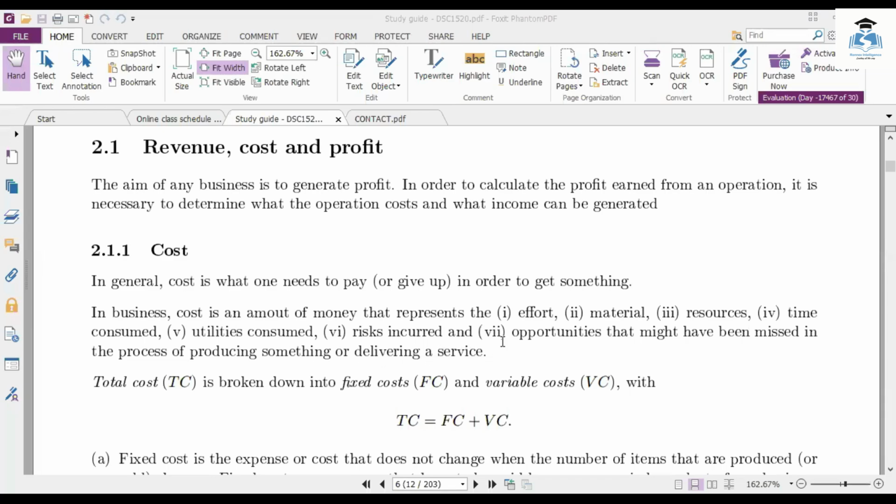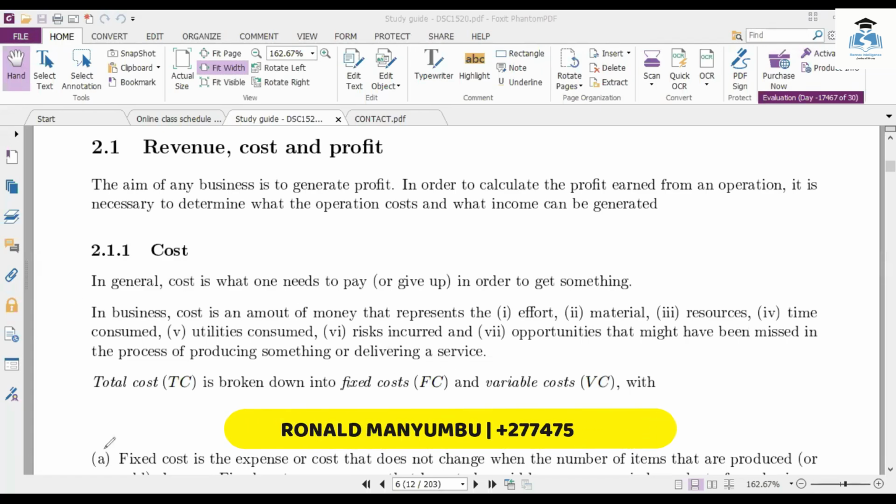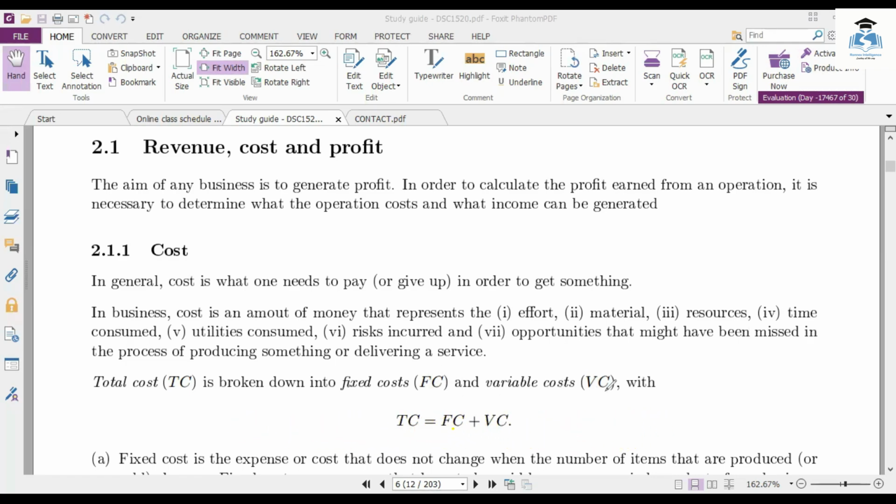Okay, so when you are dealing with this module, you need to pay attention to the formula and also pay attention to details. What is being described there? So we have got our formula here. Total cost is broken down into fixed costs, which are represented by FC, and variable costs, which are represented by VC.